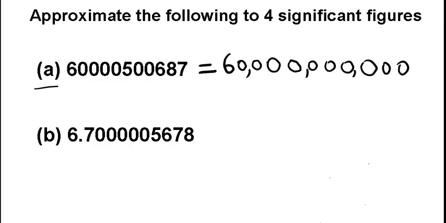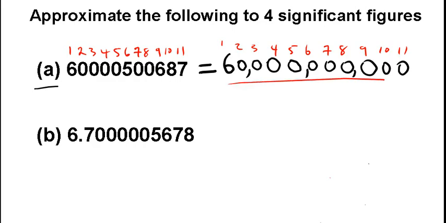This is 1, 2, 3, 4, 5, 6, 7, 8, 9, 10, 11. So let's count the initial value: 1, 2, 3, 4, 5, 6, 7, 8, 9, 10, 11. So here now, this becomes your answer in four significant figures. And we have now retained the place value of the original figure.